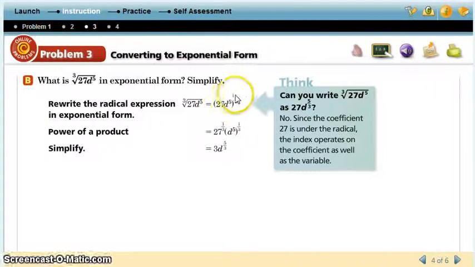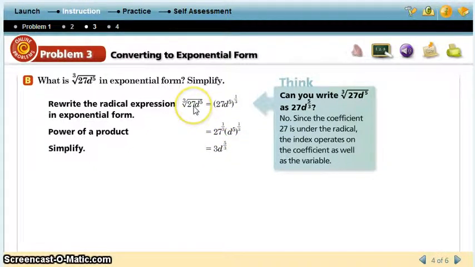And then product to a power, you raise the 27 to the 1/3 and you raise D to the 5th to the 1/3. So 27 gets the 1/3, D to the 5th gets the 1/3, and then simplify. 27 to the 1/3 power is 3, and when you multiply 5 and 1/3, you get 5/3.